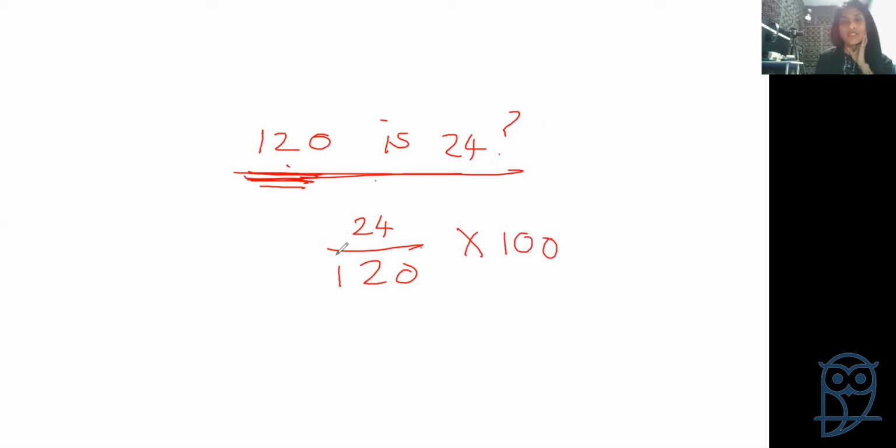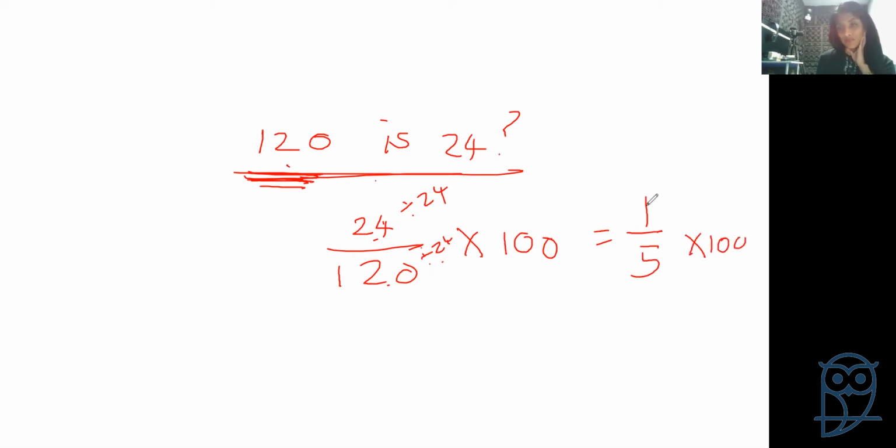Okay, so simply said, guys, we divide the top and bottom by 24, the numerator and denominator. If I divide by 24 and divide by 24, it will be equal to 1 over 5. But it doesn't stop there. I go a step further and I say multiply by 100.